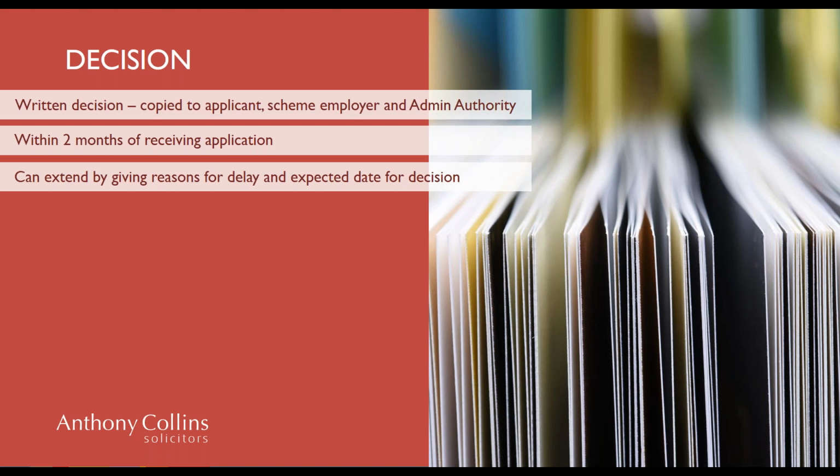An example of where very often we see there is a need to delay is in ill health retirement complaints. Very often it's necessary to get hold of medical records in order to make a decision, and that can take some time to get hold of. So our experience is that very often longer than 2 months will be needed in order to deal with an ill health retirement complaint.